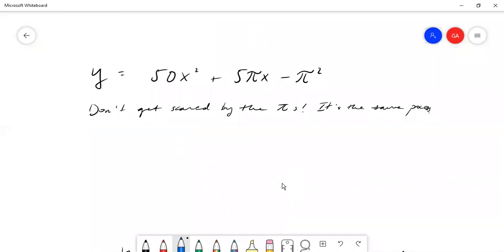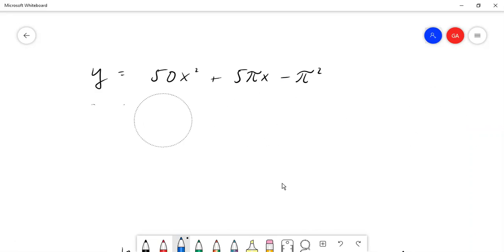So is this any different, first of all? You see these pi's. Does the pi make things harder? No. So how would I go about this? What are factors?